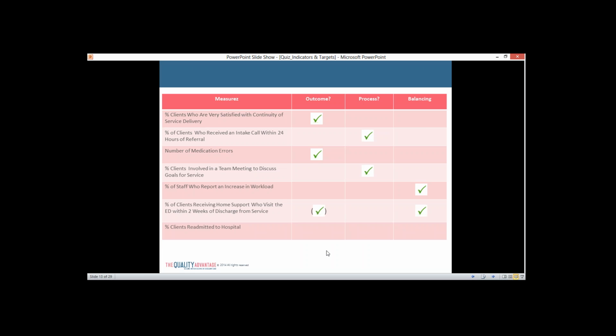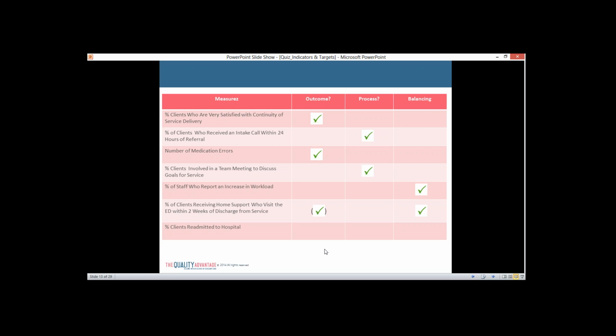Let's go to the far right initially. It's most likely a balancing measure. It's hard to tell without the full context and the details of the project. But because of the way it's worded, i.e. within 2 weeks of discharge, this is likely an unintended consequence of something.